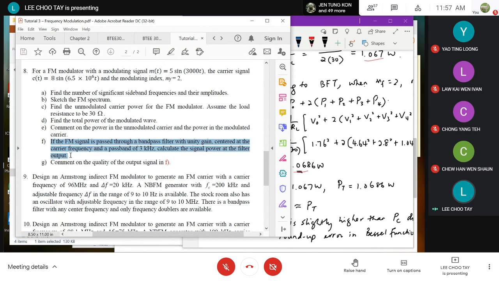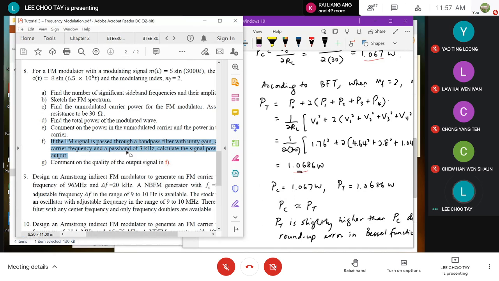Basically, to answer this question, you need to know how many pairs of sideband actually pass through the filter. If you're able to find out the number of pairs of sideband that pass through the filter, then you can easily calculate the power, by only considering the power of the sideband pairs that pass through the filter.